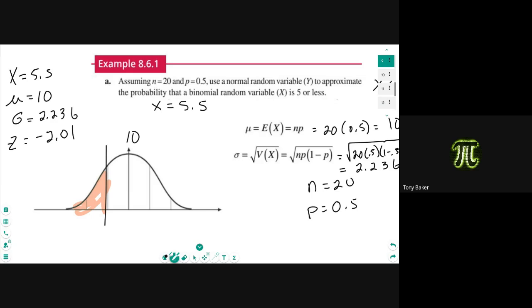So, yeah, that number kind of makes sense. Okay. So now I can look at my Z table for negative 2.01. And I get 0.0222. That's my answer. Because I'm looking at the left, I don't have to do subtraction or anything else like that because it said less than.